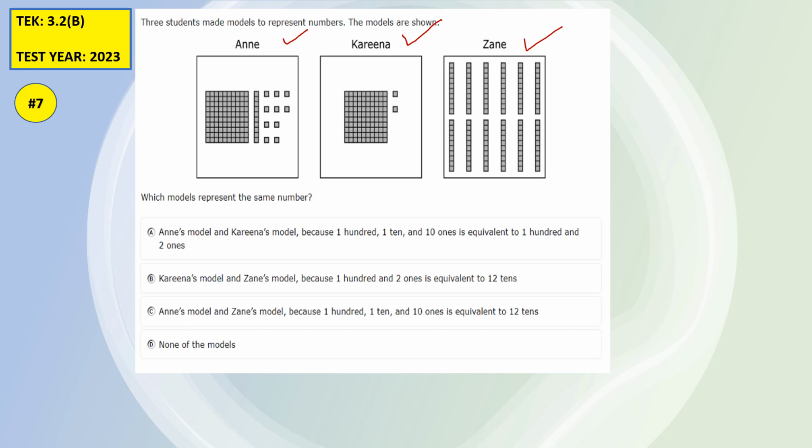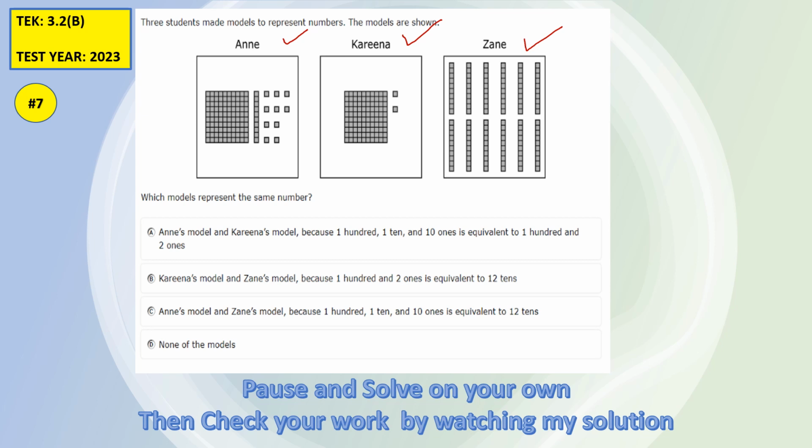Answer choice C says Anne's model and Zane's model because 100, 10, and 10 ones is equivalent or equal to 12 tens. Answer choice D says none of the models.